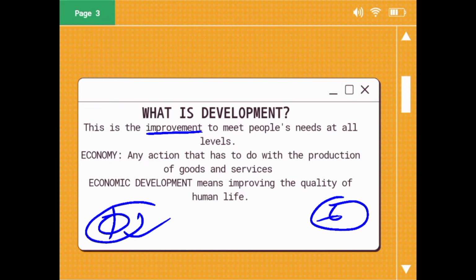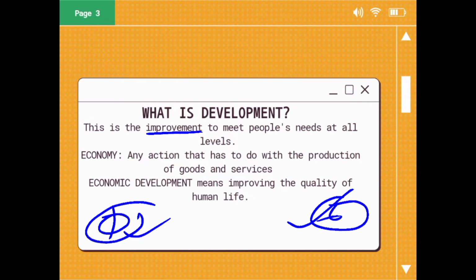What am I trying to say here? You need to differentiate these two words, development and change. This is not development, but it is change. You're just changing the standard of the road. It is already there. How can you call that development? So, for you to call something development, you need to see a new thing existing.